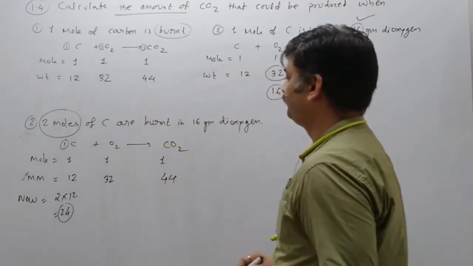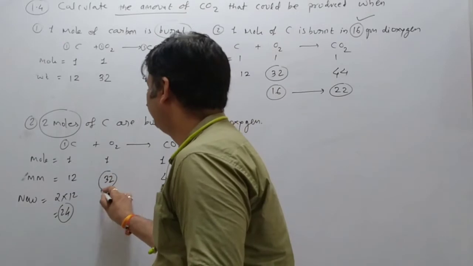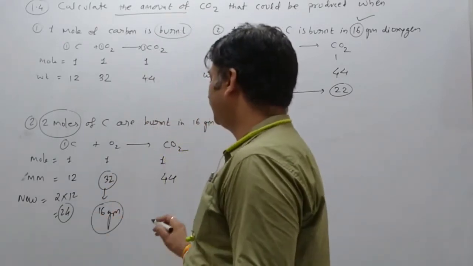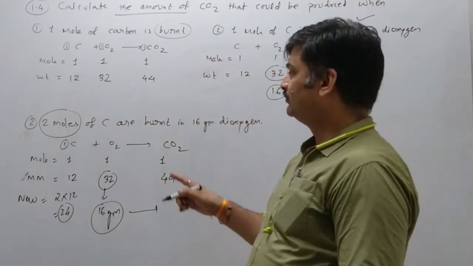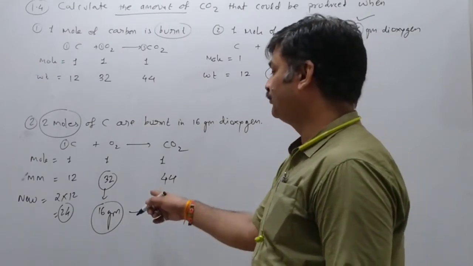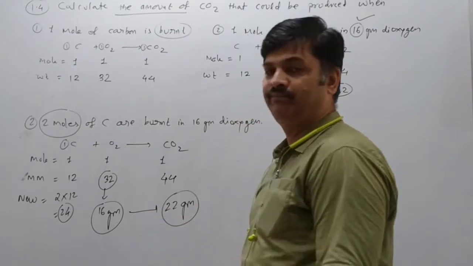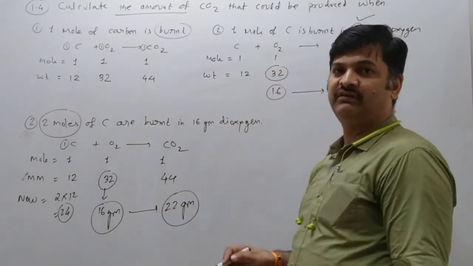Here 2 moles of carbon, but again the mass of oxygen is 16 gram. As I said, during the reaction or product formation of CO2, the change in oxygen is important, carbon is not. Again 22 gram will come.